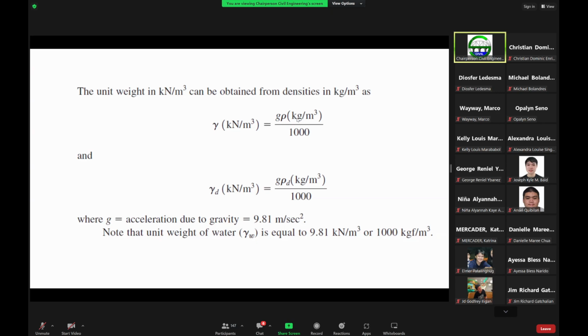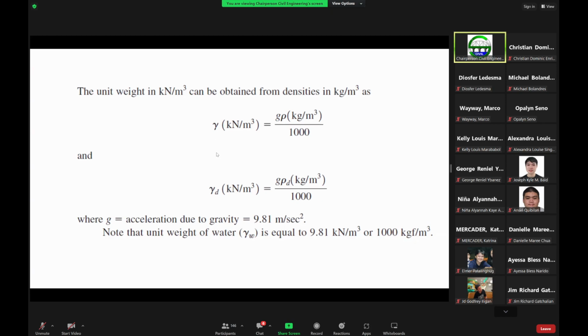So this becomes kilograms per cubic meter multiplied by meters per second squared. Kilogram meter per second squared becomes newtons, so that becomes newtons per cubic meter. And then if you divide that by 1,000, that becomes kilonewtons per cubic meter, which is the unit of the unit weight.